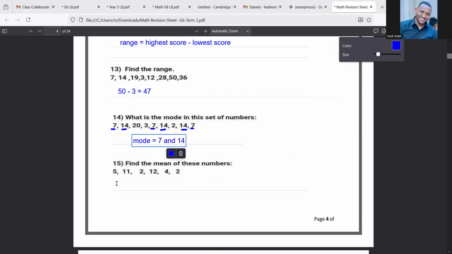Then mean, the mix between the mean and median. Mean equals the sum of all data divided by their number.